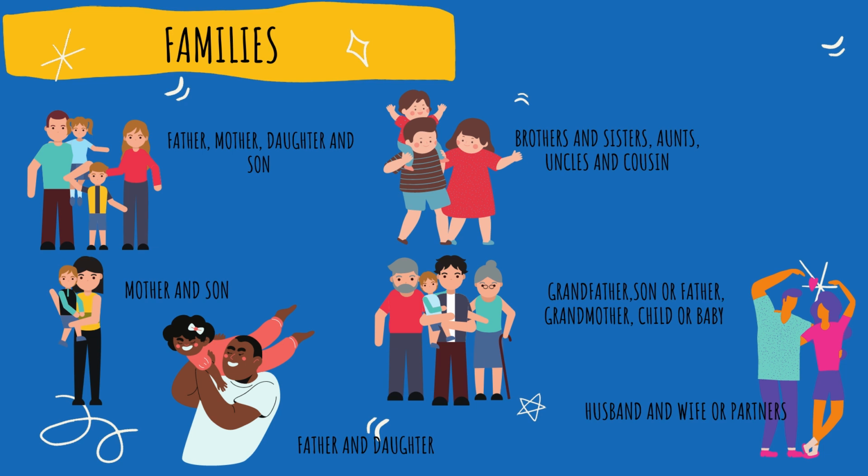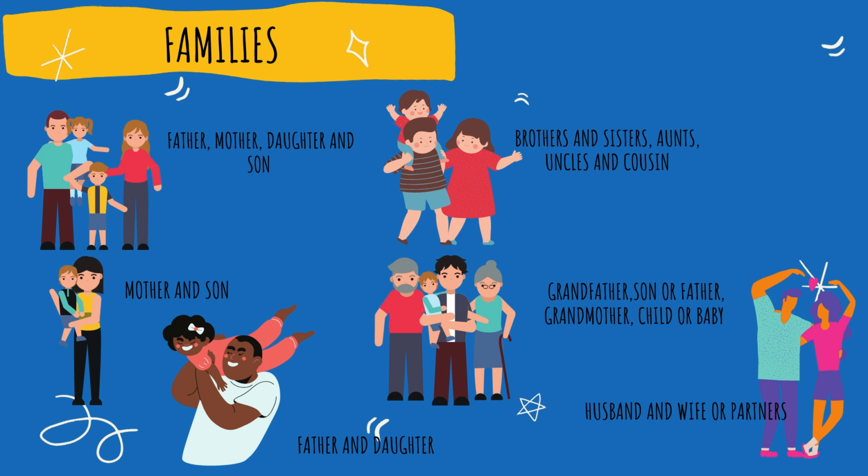Here are some different kinds of families: a mother, father, mother, daughter, and son in the first family. Second family is brothers and sisters, aunts, uncles, and a cousin. Well, this group could be brothers and sisters, they could be aunts and, say, nieces or nephew, uncles, and or they could all be cousins.